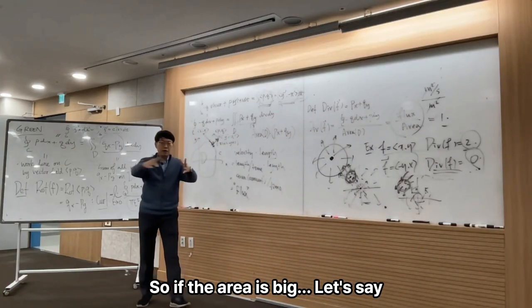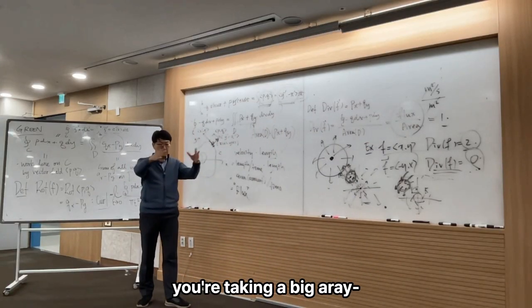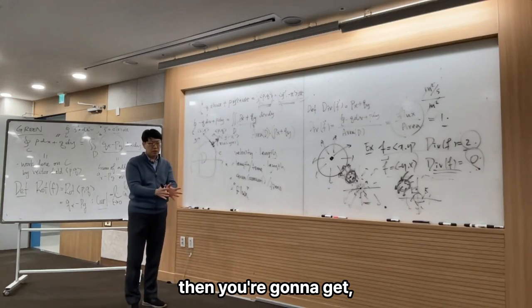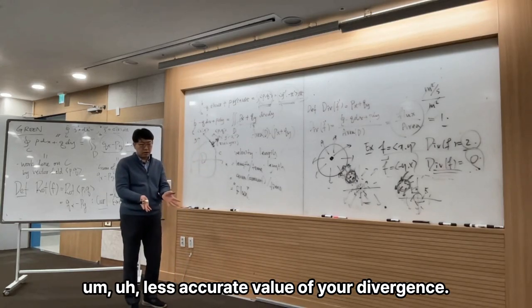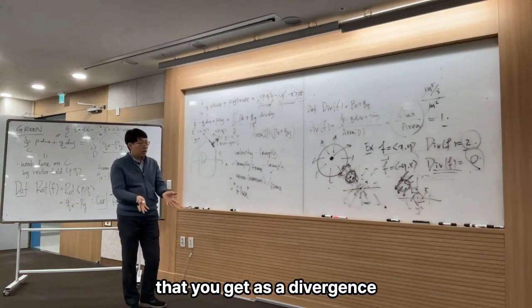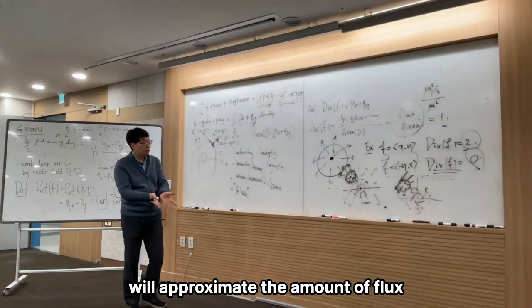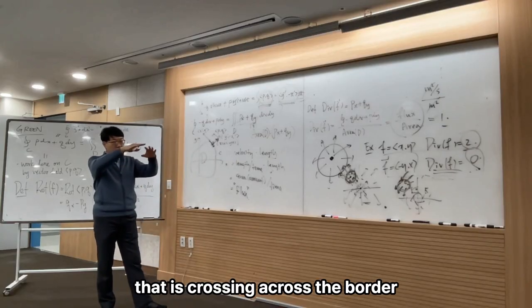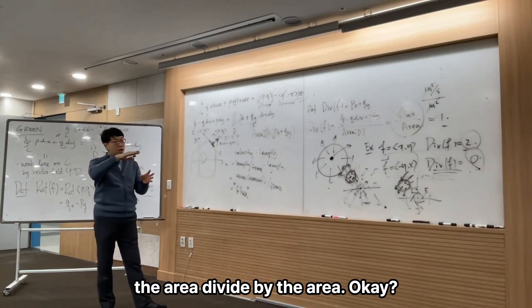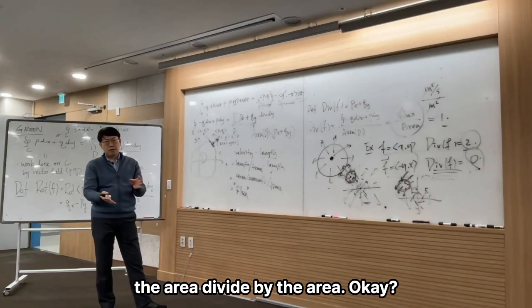If the area is big, say you're taking a big region around that point, then you're going to get a less accurate value of your divergence, but still the value you get will approximate the amount of flux crossing the boundary that surrounds the area, divided by the area.